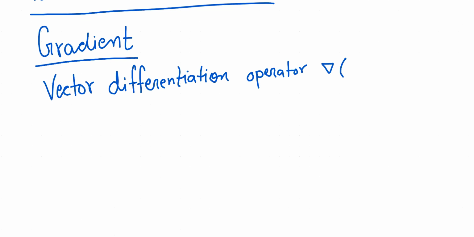Usually we say del, or nil. And what is it defined as?